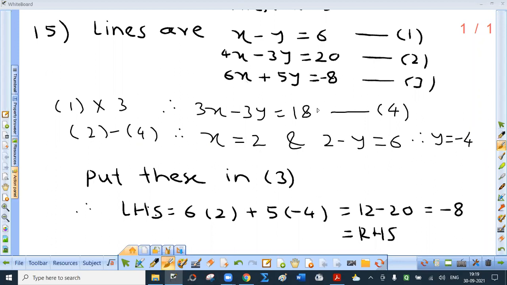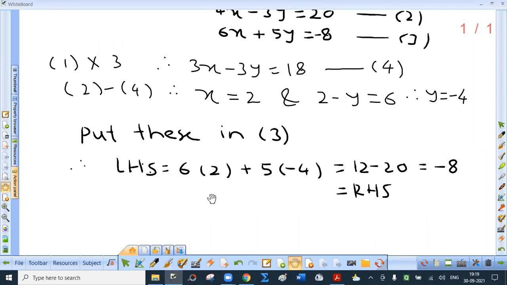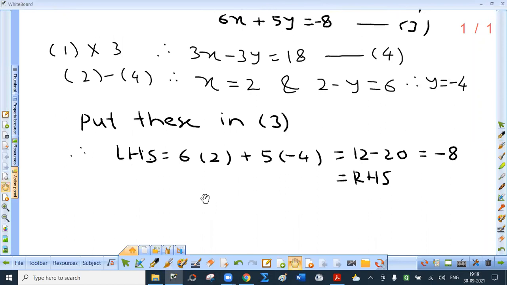If equations are consistent, these values will satisfy. If they are not, values won't satisfy. So put these in 3. LHS comes out to be minus 8, same as RHS. So what is the conclusion? Equations are consistent, so lines are concurrent.